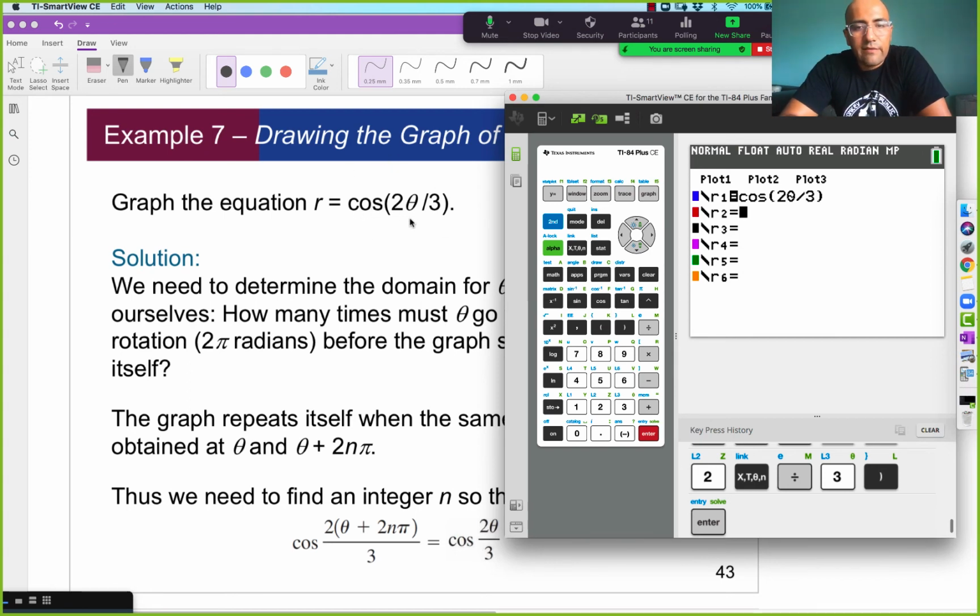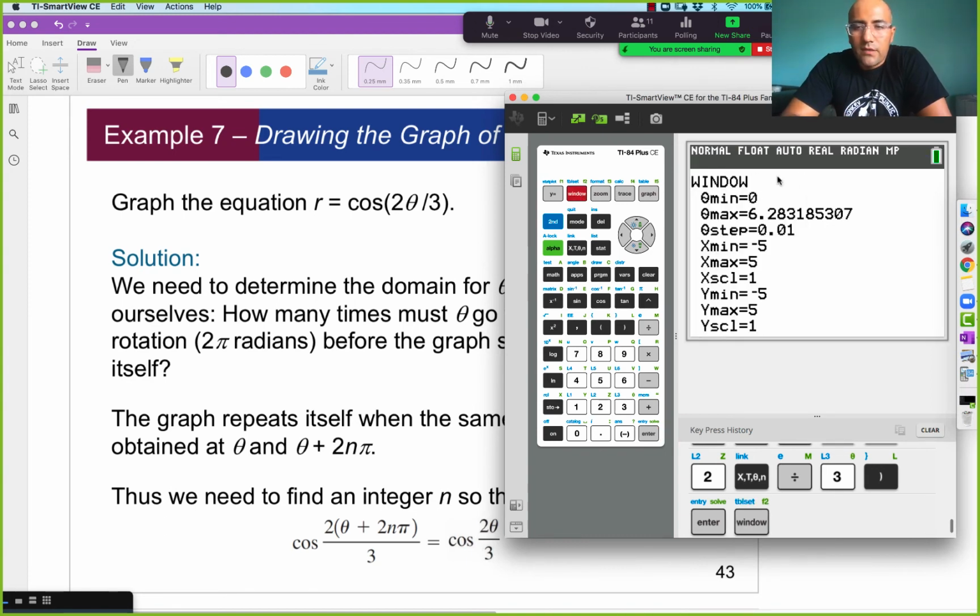The fact that we have 2/3 theta in here is just going to make the cosine function oscillate at a different rate. If it's bigger than 1, then it oscillates faster. If it's smaller than 1, it oscillates slower. And 2/3 is smaller than 1. So it's going to take more than 2 pi to complete one standard period of cosine. Good. All right, let's go to our window and just play around with it.